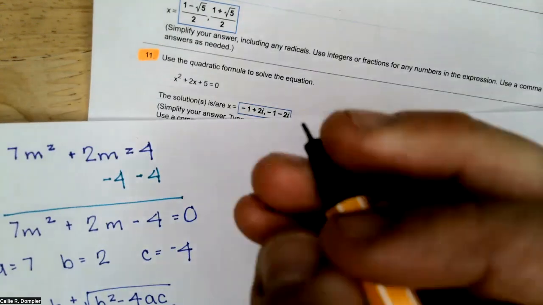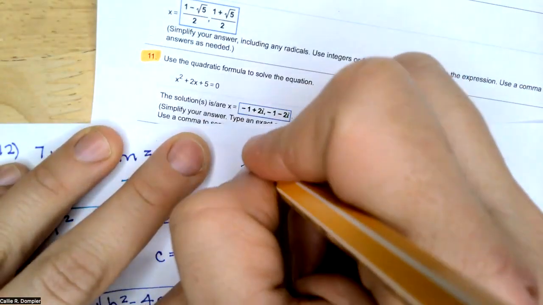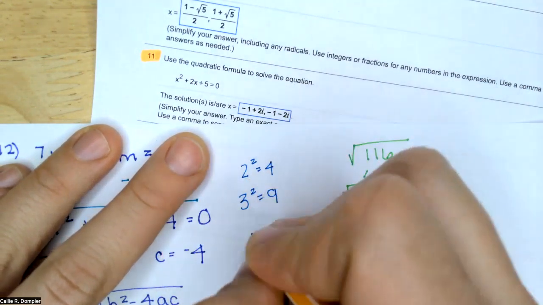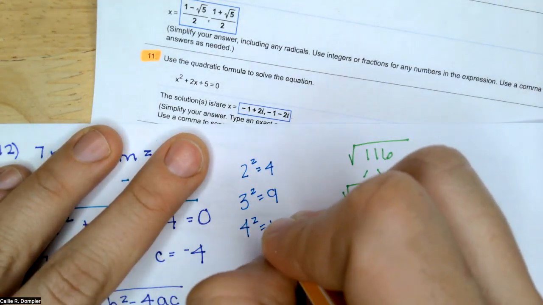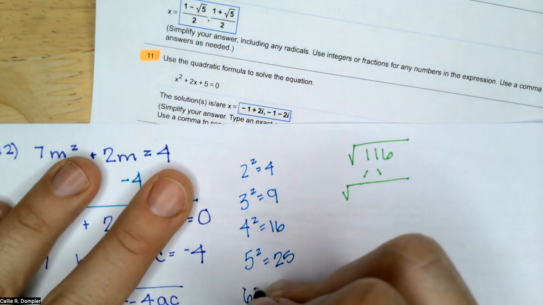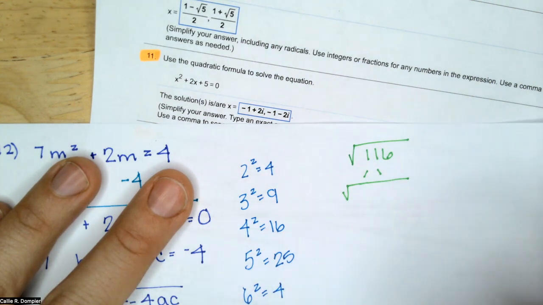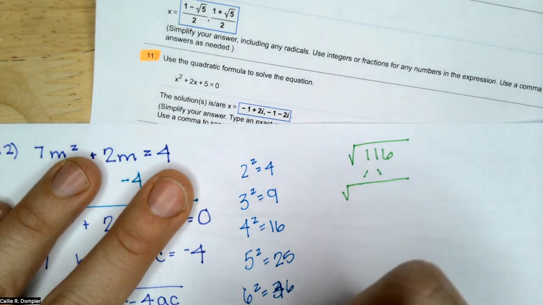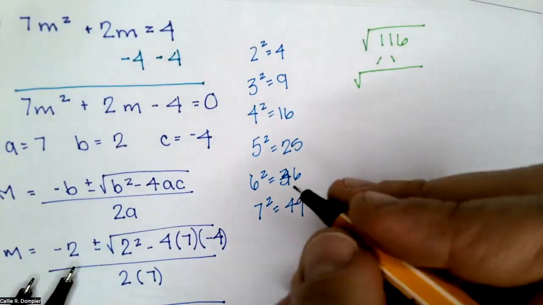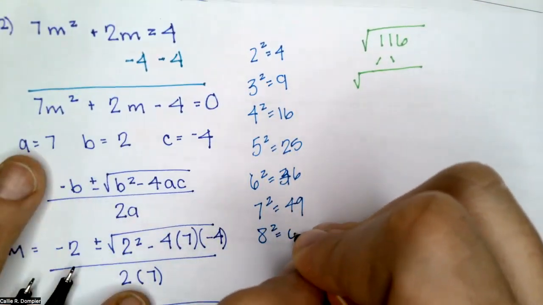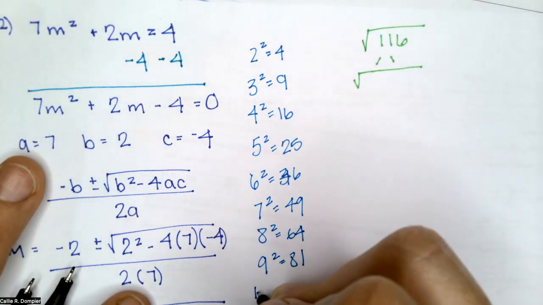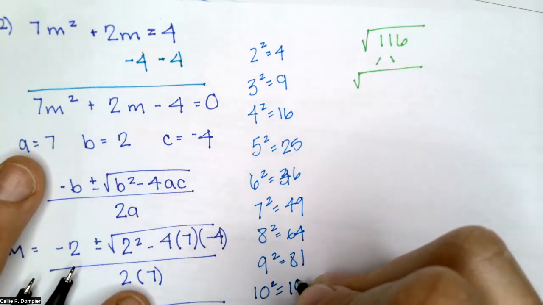The perfect squares are a number times itself. So 2 squared is 4. 3 squared is 9. 4 squared is 16. 5 squared is 25. 6 squared is 36, sorry. 7 squared is 49. 8 squared is 64. 9 squared is 81. 10 squared is 100. Right?